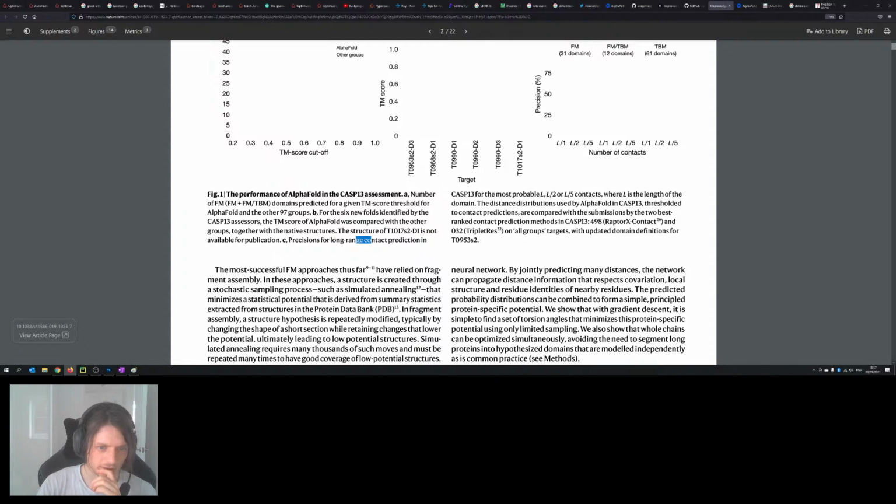Precision for long-range contact prediction in CASP13 for the most probable L, L2 or L5 contacts, where L is the length of the domain.